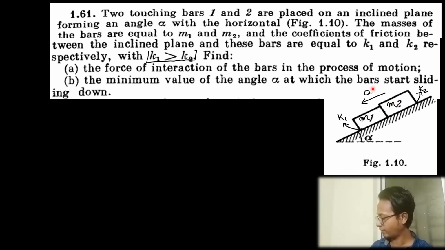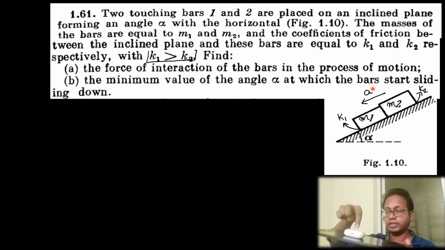So what is the minimum value of alpha at which the bar starts sliding down? Whenever there is a block kept on an inclined plane, as I raise the value of alpha, what is preventing this block from sliding down is the friction force. Say the maximum value of friction force is 5 Newton. This block has a maximum capacity of friction force of 5 Newton.